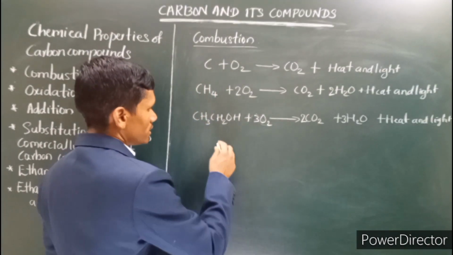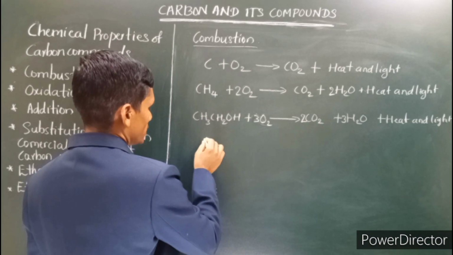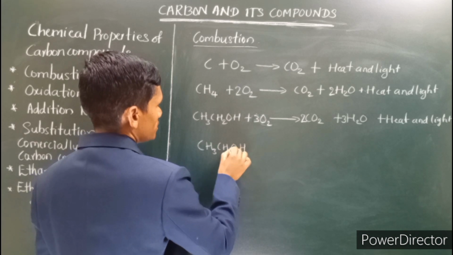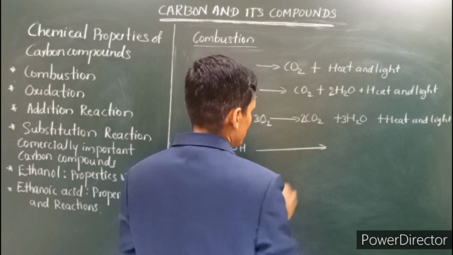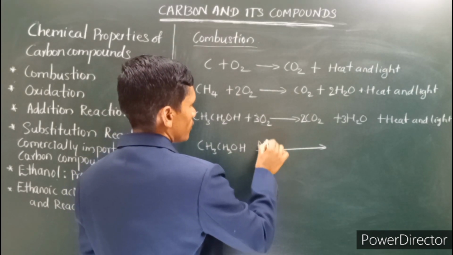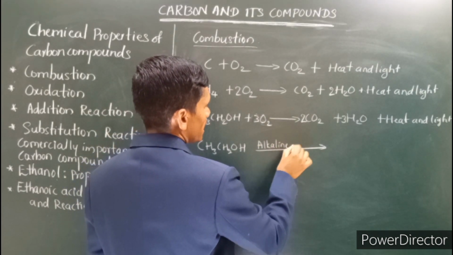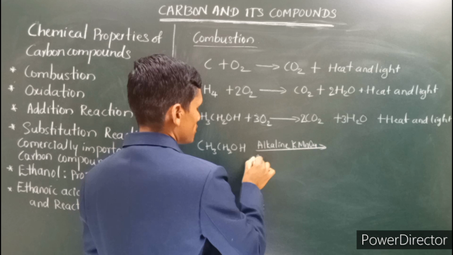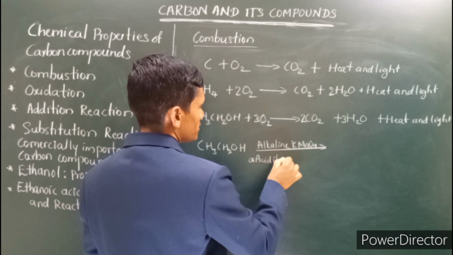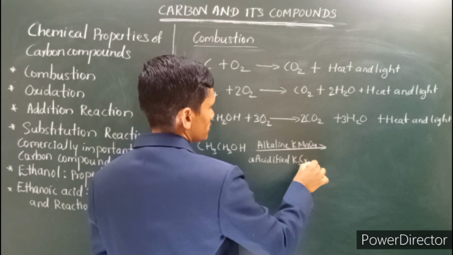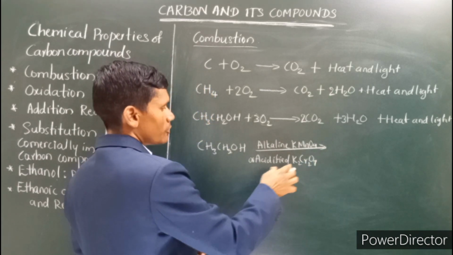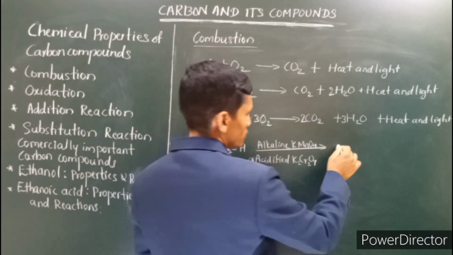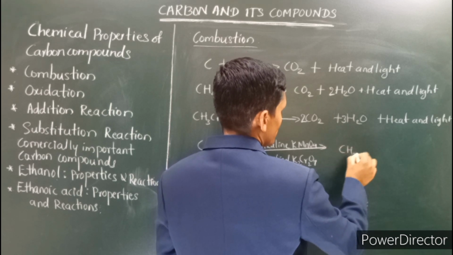For example, ethanol, CH3CH2OH, when oxidized in the presence of alkaline KMnO4, or acidified K2Cr2O7, that is potassium dichromate, acidified potassium dichromate, gets oxidized to carboxylic acid, that is CH3COOH.